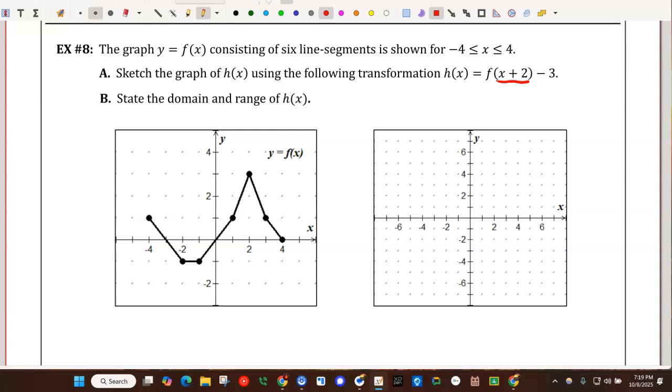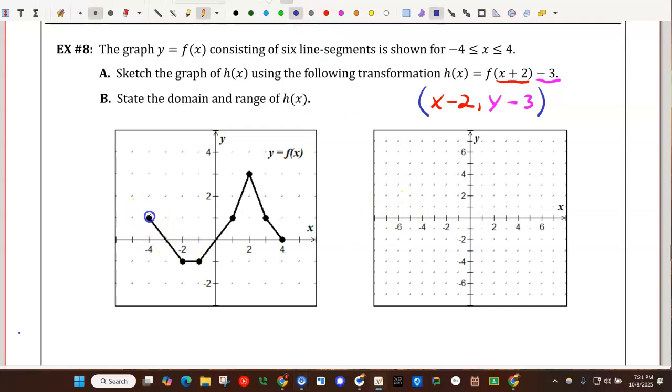Is it left or right? Right, so yeah, this is going to move the graph 2 to the left. So x minus 2 for the coordinate. And then what will this -3 do? Right, that will move the y-coordinate down 3. Just move them to the left 2 and down 3.